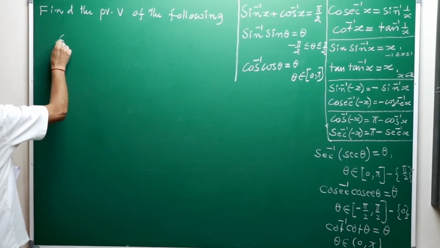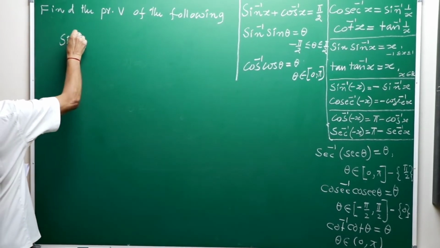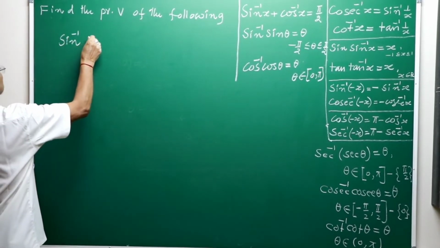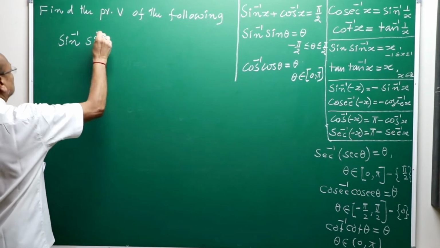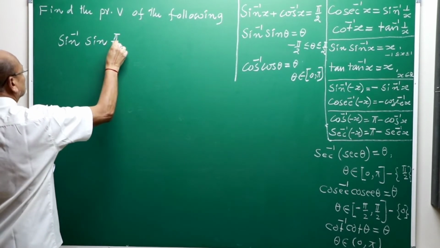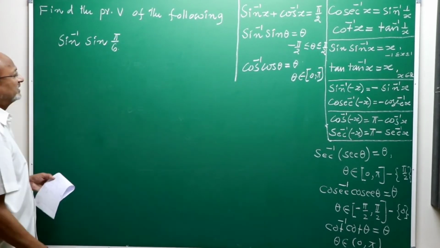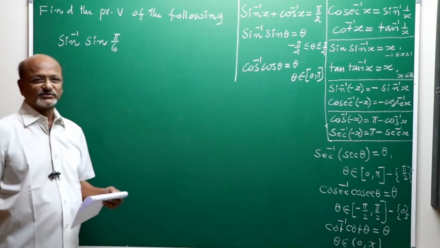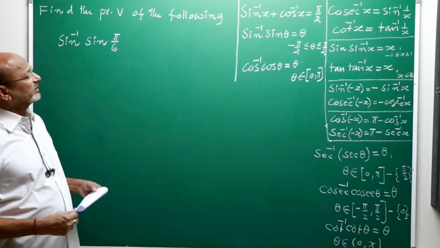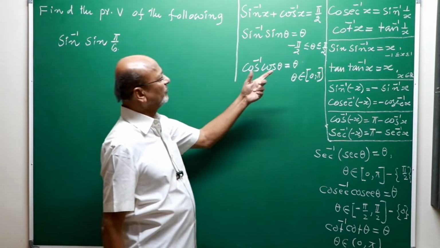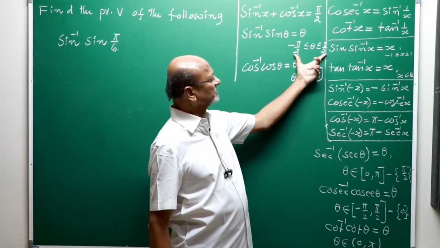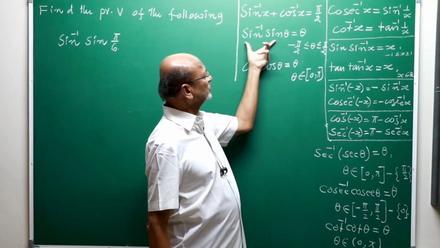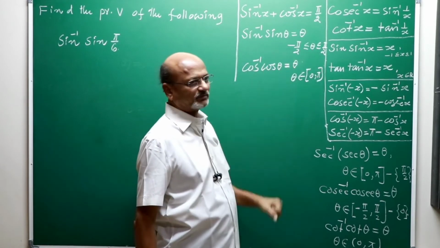It is sine inverse of sine pi by 6. I told the angle must be between minus 90 and plus 90, minus pi by 2 to plus pi by 2, then only we can use this property.